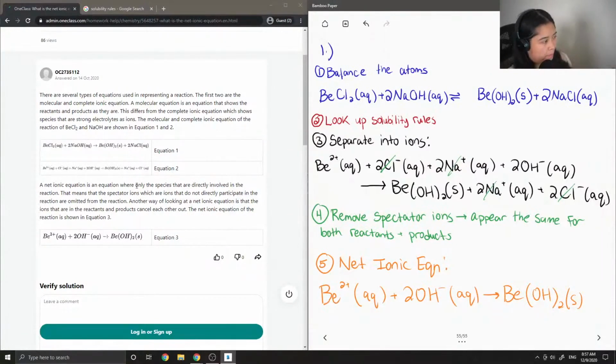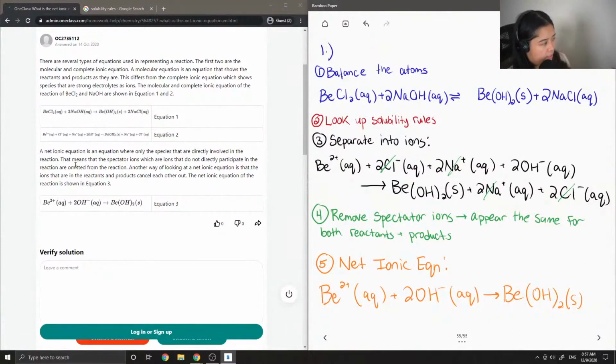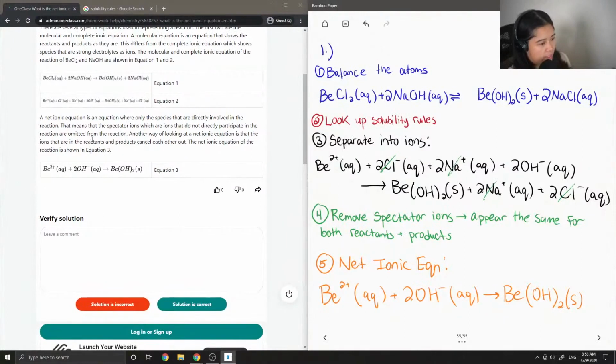and 2. Okay, so they showed how to balance the products. They showed it separating into the ions in equation 2. And a net ionic equation is an equation where only the species that are directly involved in the reaction. That means that the spectator ions, which are ions that do not directly participate in the reaction, are omitted from the reaction.